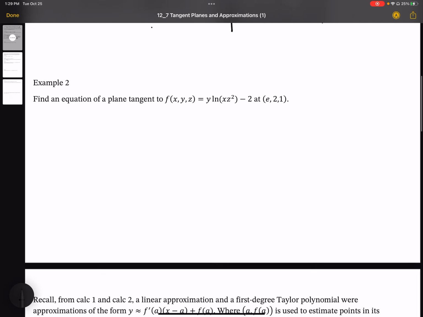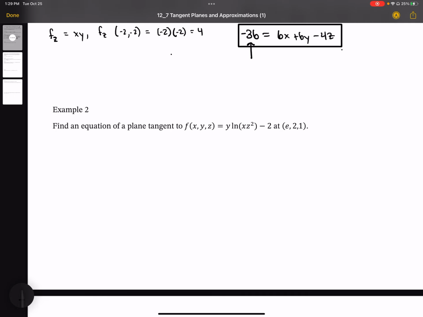For the second example, we want to find the equation of a plane tangent to f of x, y, z equals y times ln of xz squared minus 2 at the point (e, 2, 1). So we still need our partial derivatives. The partial derivative with respect to x: y is going to be a constant.